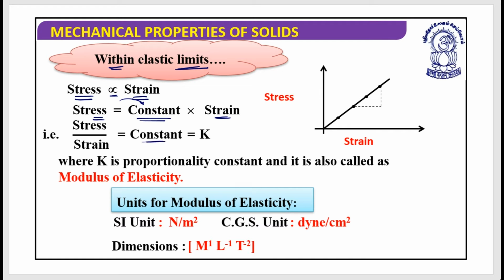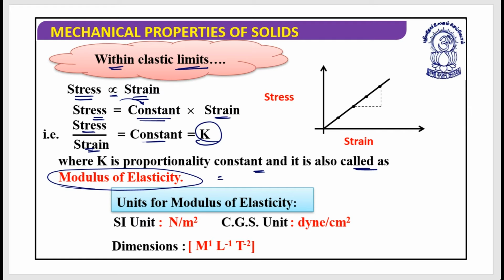This constant is the ratio of stress divided by strain. Let's call it K, where K is the proportionality constant, and it is called the modulus of elasticity. Modulus of elasticity equals stress divided by strain.